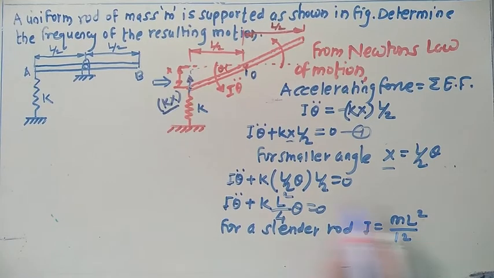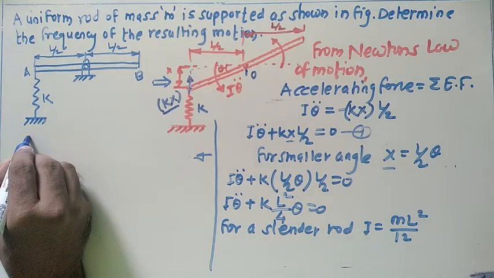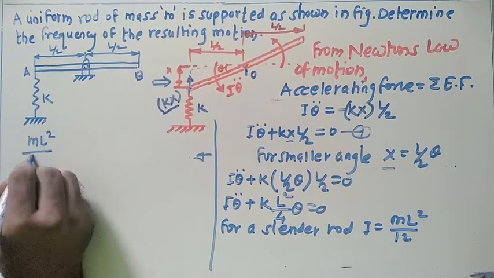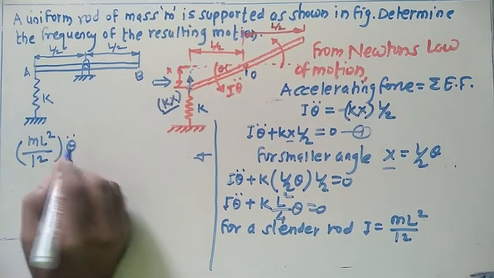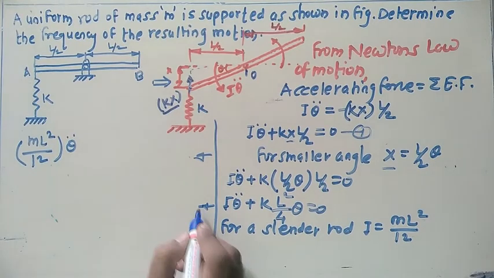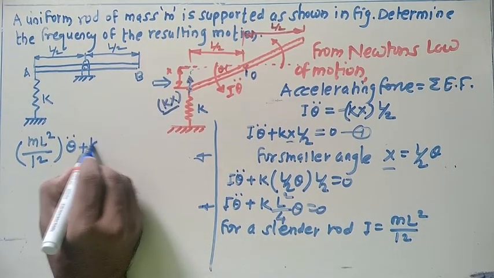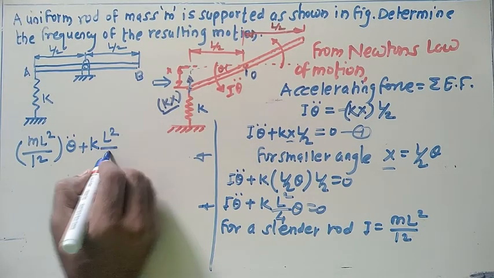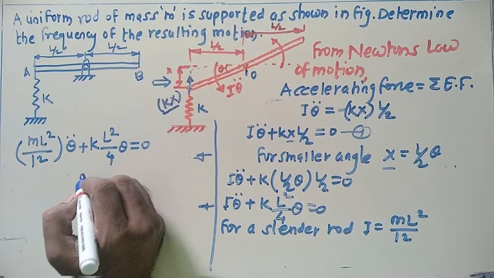Now replace this I. Continuing from this step, ml square by 12 for the I, theta double dot, plus k into L square divided by 4 as it is, equals 0.